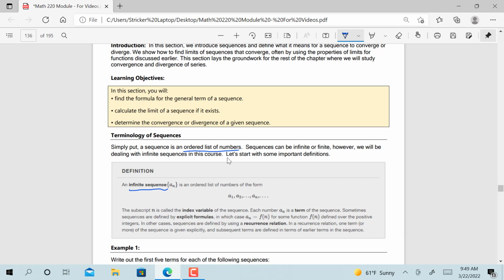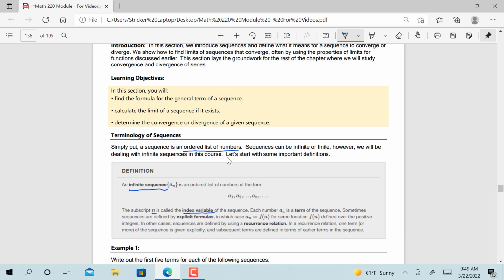We typically use n as what we call the index variable. So a1, a2, all the way to an. Each of those things is called a term. So a1 is the first term, a2 is the second term, an is the nth term of the sequence.